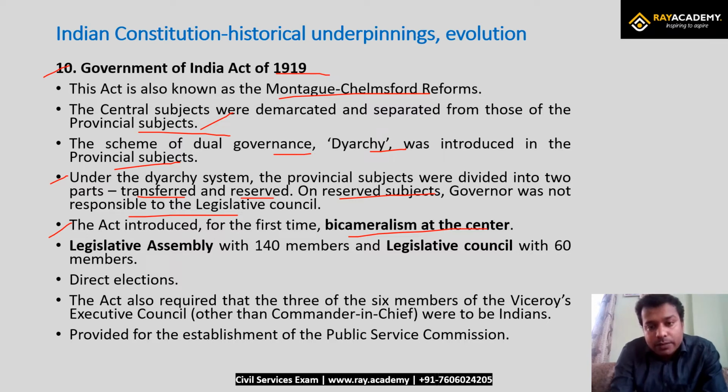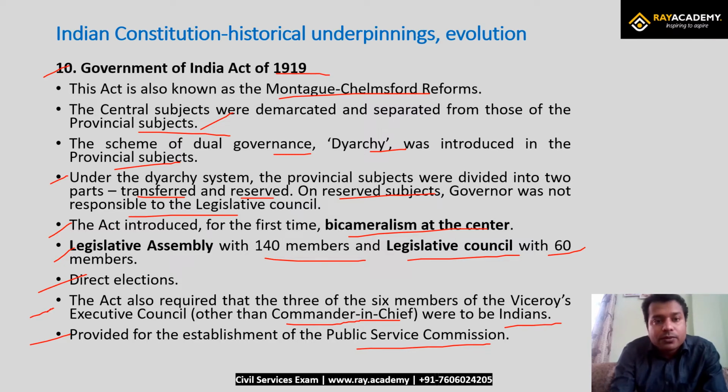So that is also called bicameralism. A legislative assembly with 140 members and a council with 60 members were introduced, and direct elections were introduced. The act also required that 3 of the 6 members of the Viceroy's Executive Council, other than the Commander-in-Chief, were to be Indians. It also provided for the establishment of the Public Service Commission, which at the union level we know as the Union Public Service Commission, and at the state level we have the different state public service commissions.